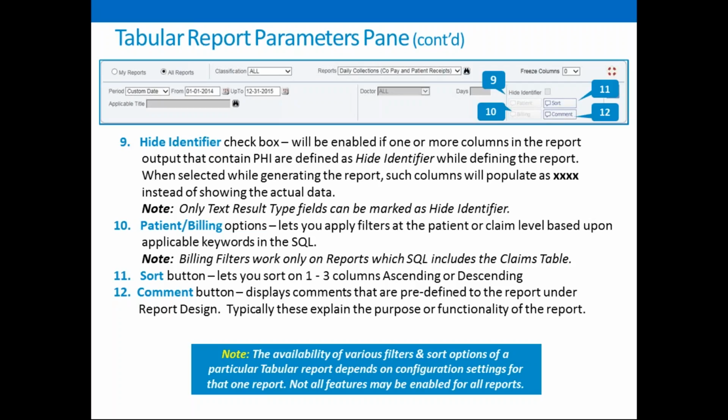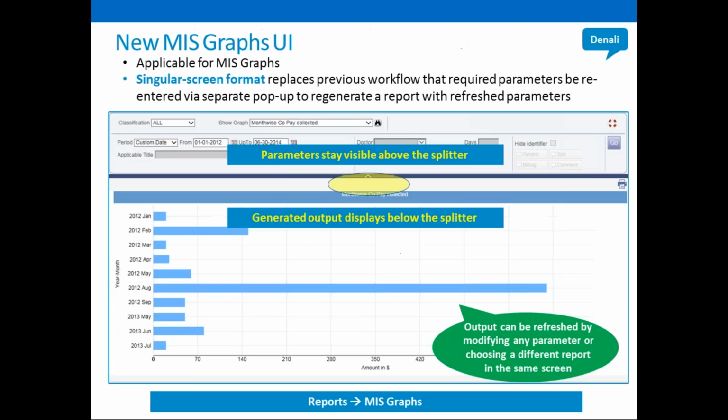So you can regenerate the report, but click this checkbox to hide the identifier, and then the PHI will come out masked as X's, so that when you produce it, whether it's emailing it or printing it hard copy, you're sharing it without protected PHI. So these are all, again, something that you can do at runtime and regenerate the data all in one screen.